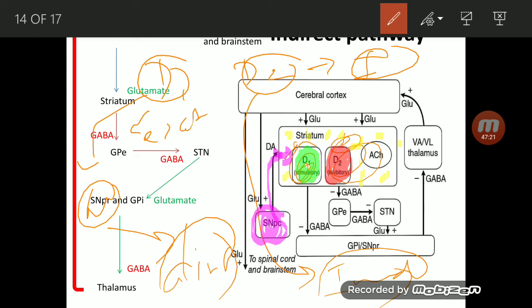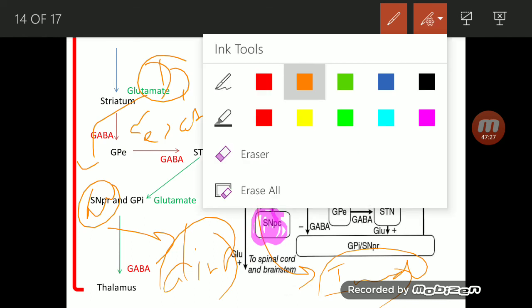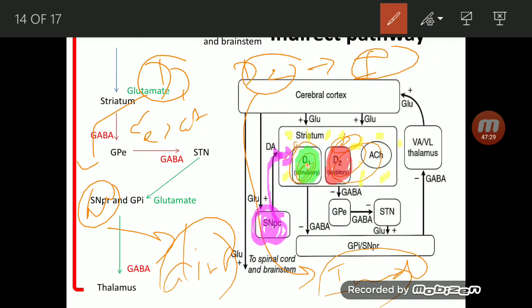Whereas the D2 receptor is an inhibitory receptor, and it is found in the indirect pathway. The indirect pathway was asking you to stop your movement.